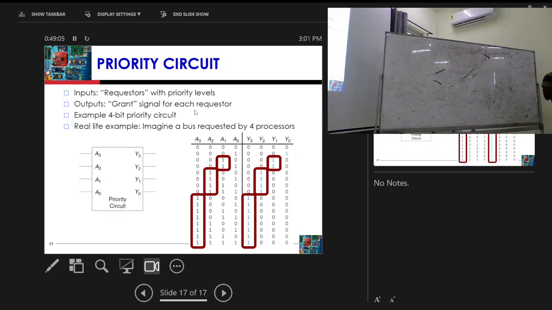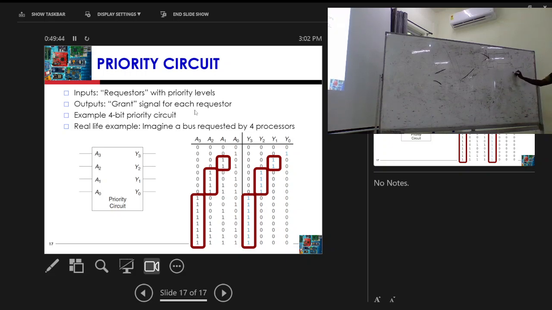But Y2 depends on A2, only when A3 is 0. So I use an AND gate, route Y2 to A2, and then use a NOT gate on A3, and I'm done. When A3 is 0, the NOT output becomes 1, and then A2 passes through. Simple logic. Do you understand?